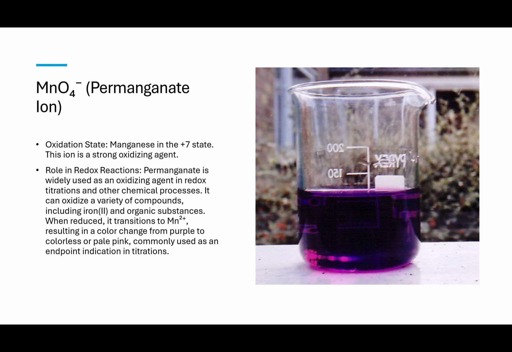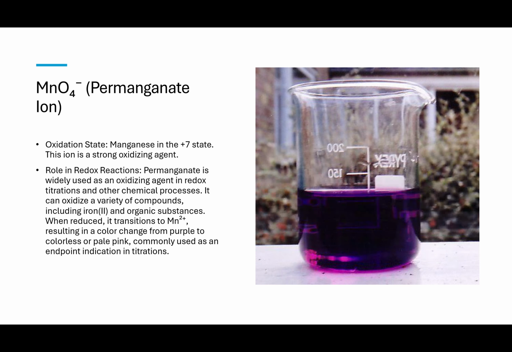For example, when we're dealing with organic compounds, aldehydes and ketones and alcohols, we use them to create different types of substances. Because of it being a strong oxidizing agent, it can be used to drive reactions that otherwise would be extremely slow or just not feasible.